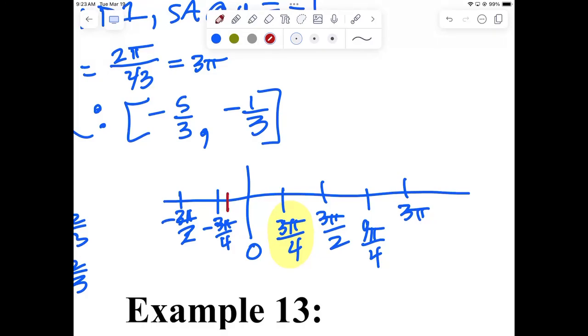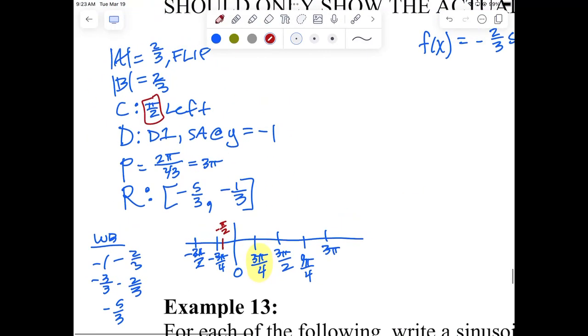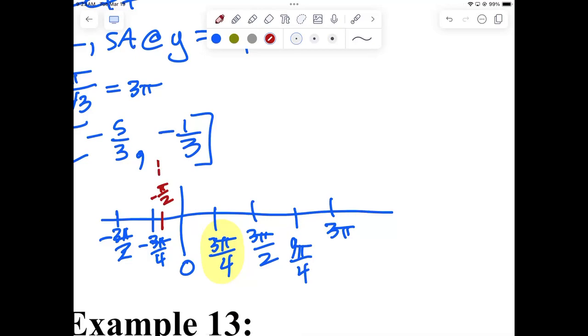If you divide that up into like 3 sections, it's going to be that second one. Okay, so that's going to be negative pi halves. That's where our new y-axis went. There's your new y-axis. So this is the distance now that I need to preserve off of the x-axis.